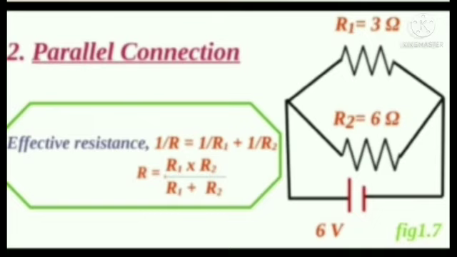Then if there is any problem in R1, the connection is still completed, because from positive to R2 then negative, the circuit is completed. In the same way, if R2 is broken, we can travel the way from positive to R1 then come to negative.